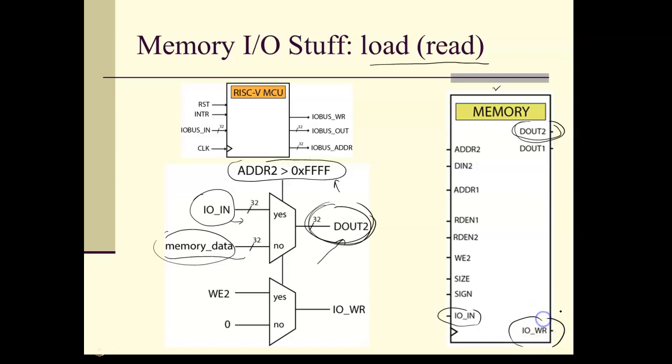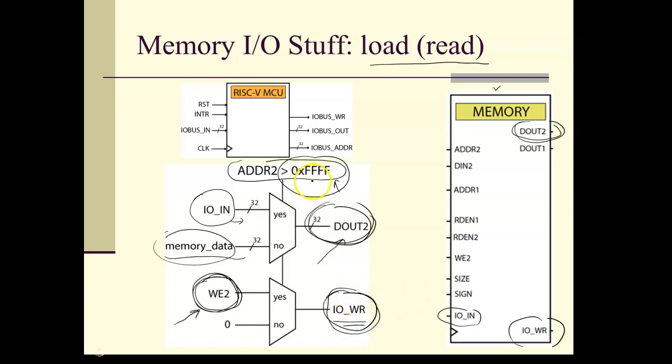Additionally, there's another signal here, a specialized signal for output, which is a store signal. When I'm storing something, I'm turning the write enable on, but if that address is above FFFF, it also turns this on.